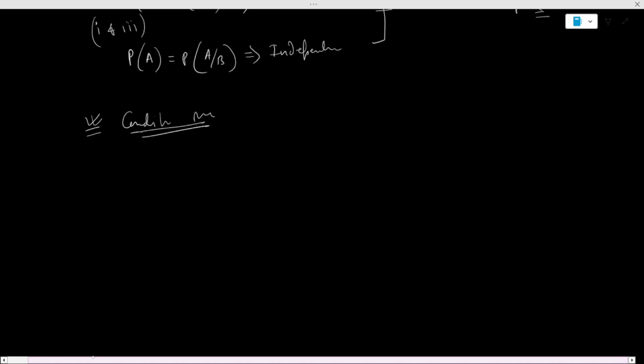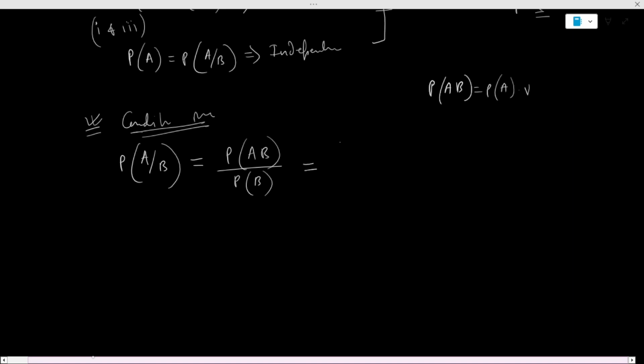So for any two events, we know that probability of A conditioned on B, how do we calculate it? We calculate it by using probability of A intersection B, and we divide it by whatever information we have about B. So if probability of AB is equal to probability of A and probability of B, the product of their individual probabilities, then we have said that if the events A and B follow this multiplication rule, then A and B are independent.